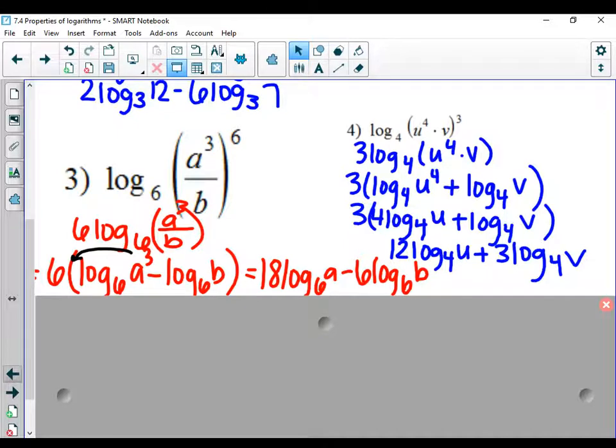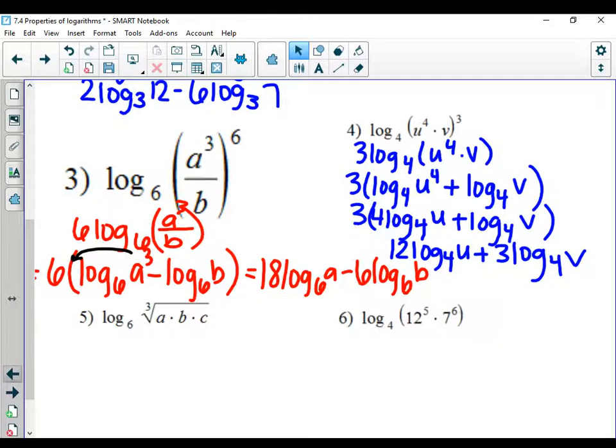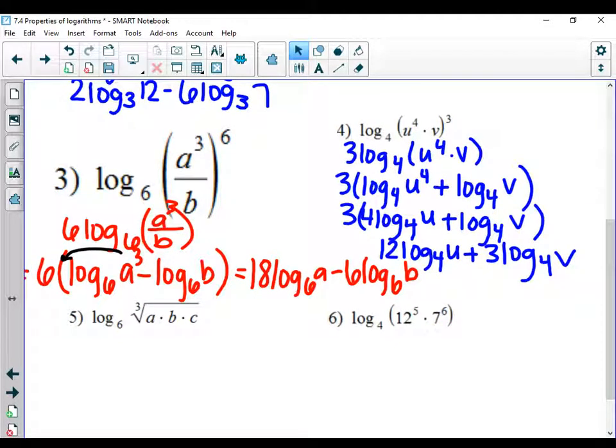Okay? Questions so far? In chapter 6, I told you we would learn something that would help us in chapter 7, when we were changing radicals to rational exponents and rational exponents to radicals. Same thing when we're looking at number 5.